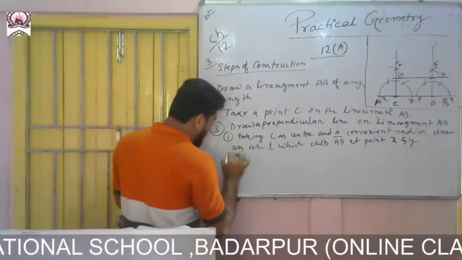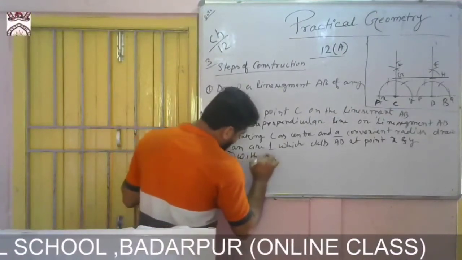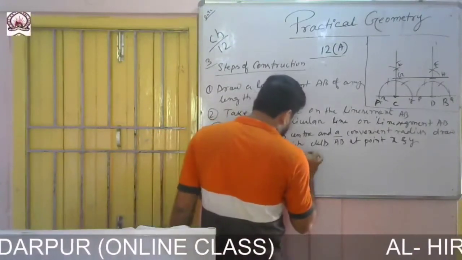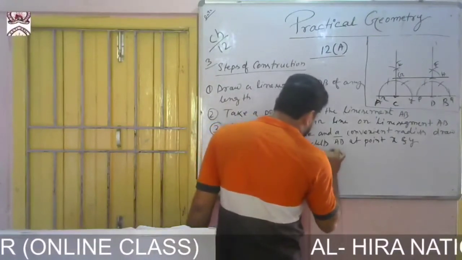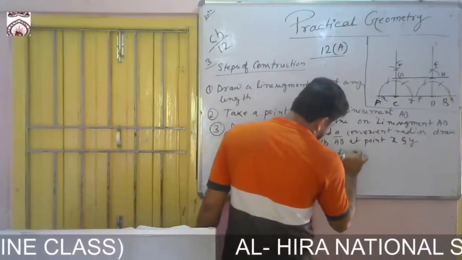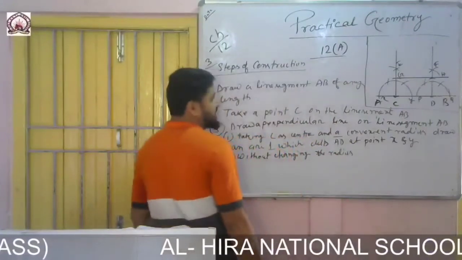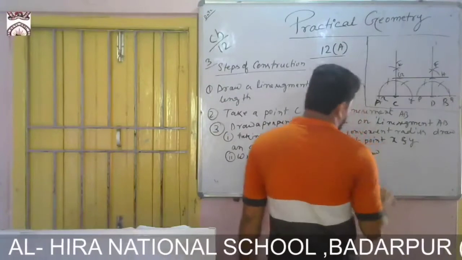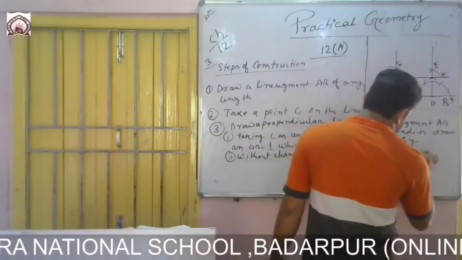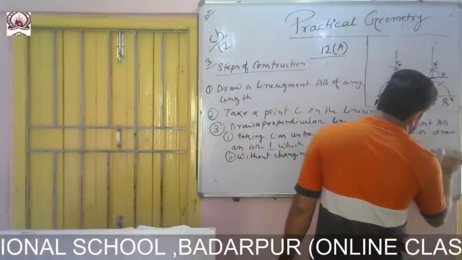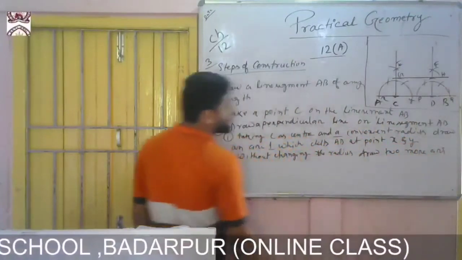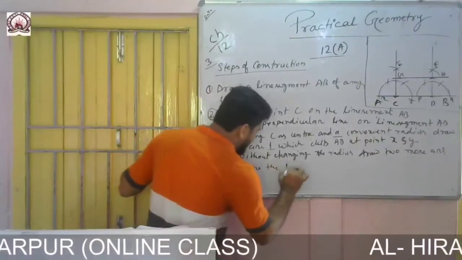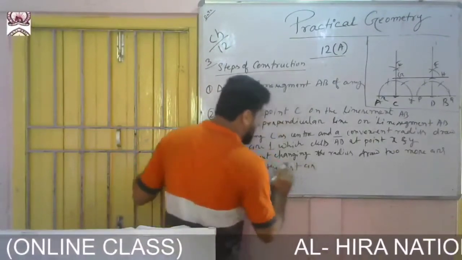Number 2: Without changing the radius, draw two more arcs on arc 1.